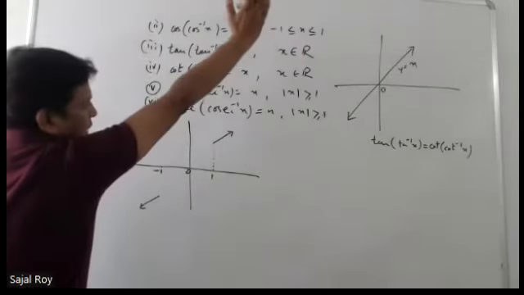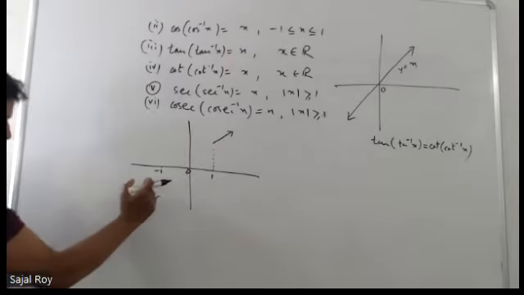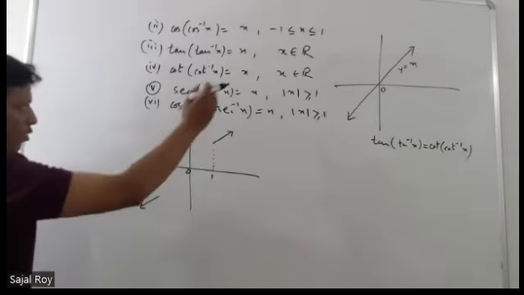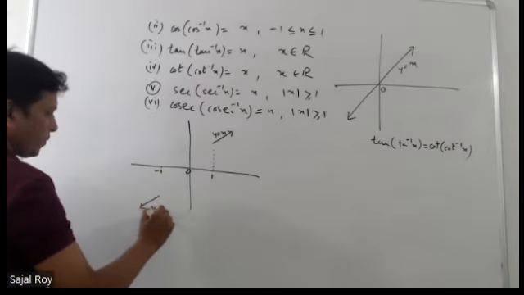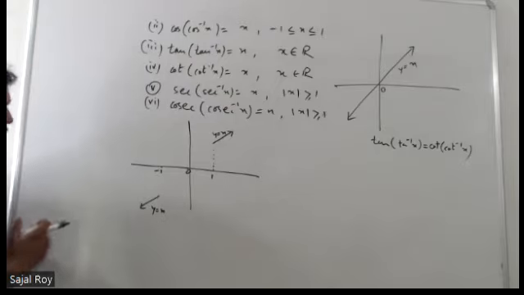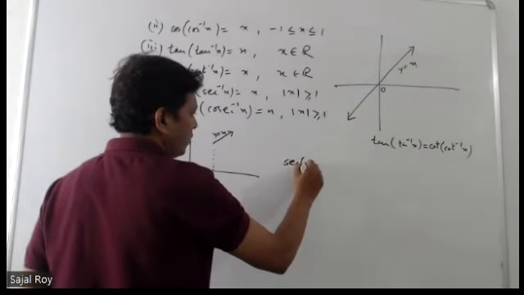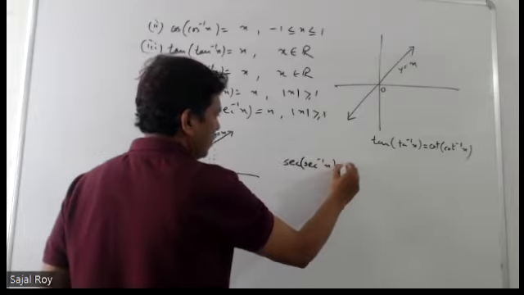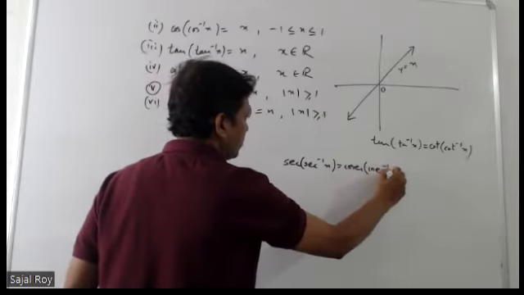Mod x greater equal to 1, that means x more than equal to 1 and less than equal to -1. Y equal to x line, definitely it is y equal to x. These both are for sec of sec inverse x equal to cosec of cosec inverse x.